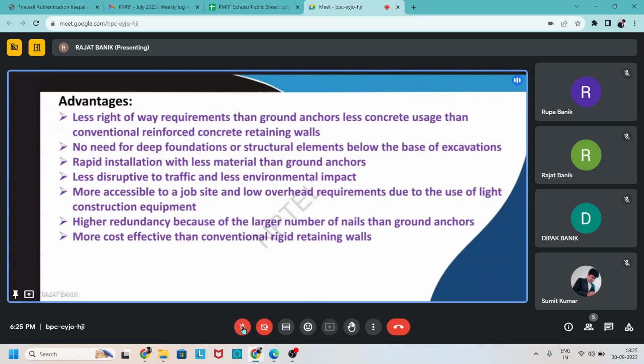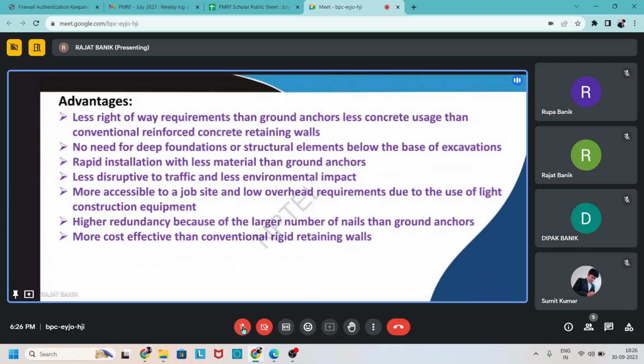Then, no need for deep foundation or structural elements below the base excavation. So when we apply this soil inclusion, there is no need for a deep foundation.